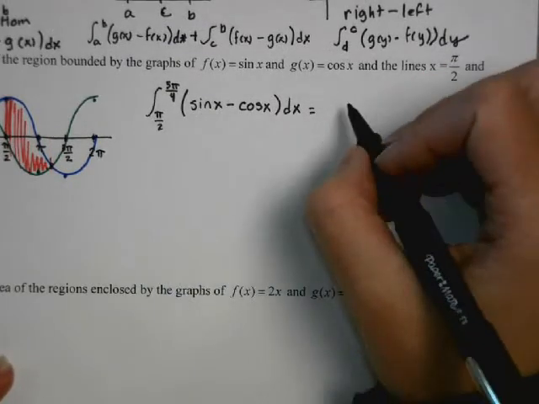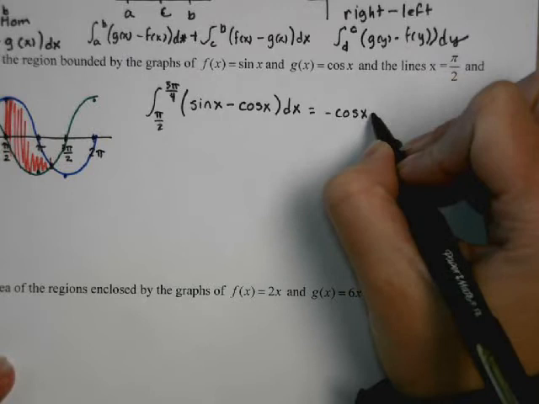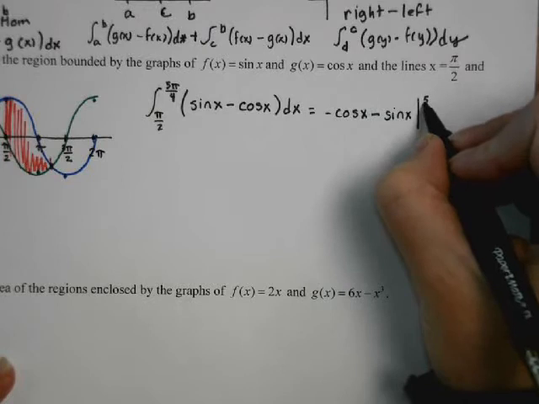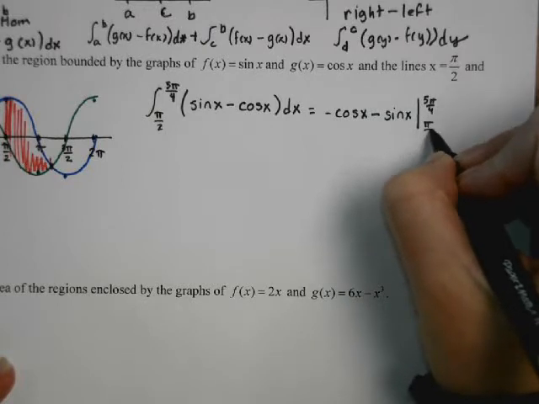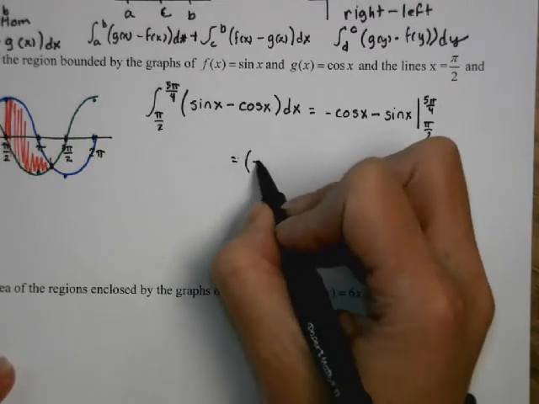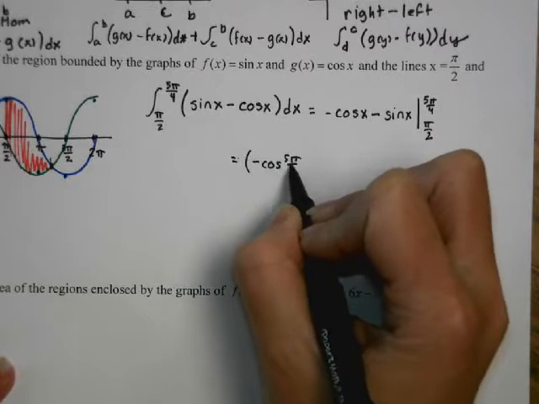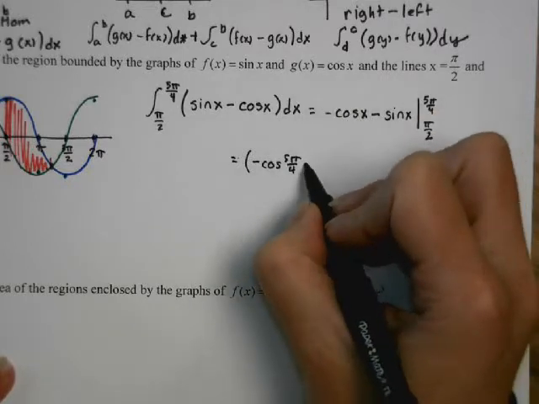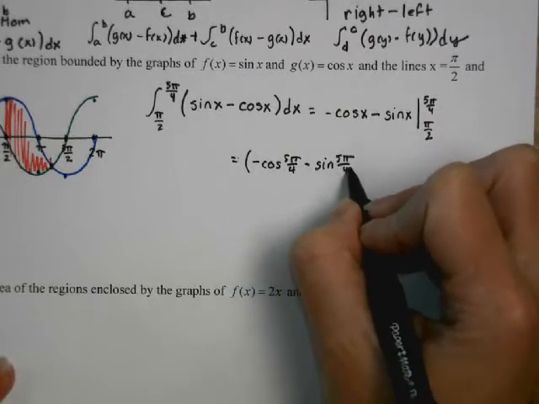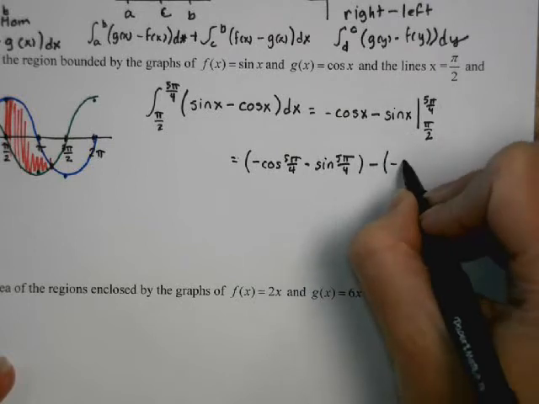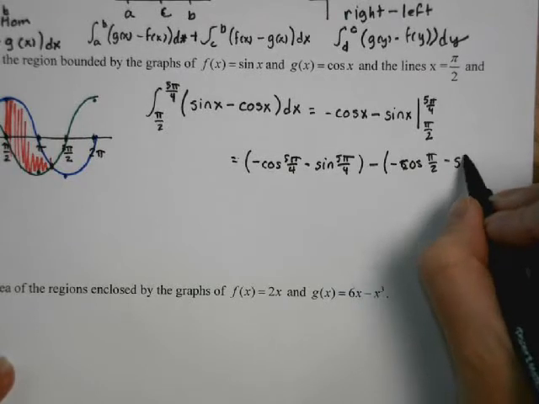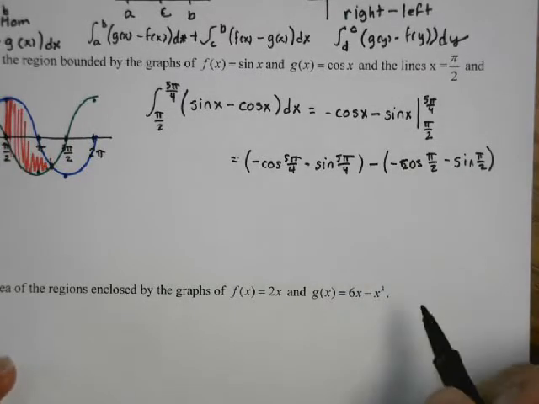So integral of sine is a negative cosine of x. Integral of cosine is sine. And we're evaluating this at 5 pi over 4 and pi over 2. So this is going to be negative cosine 5 pi over 4 minus sine 5 pi over 4, minus, negative cosine pi over 2 minus sine pi over 2.